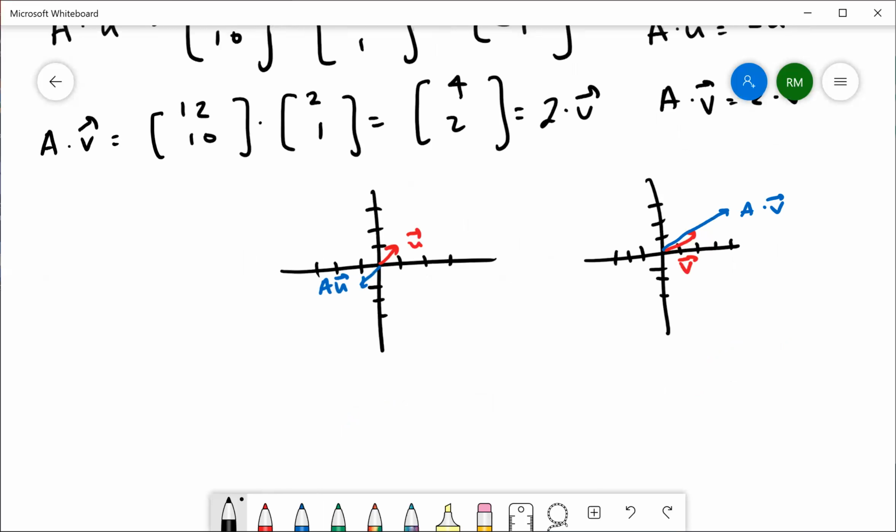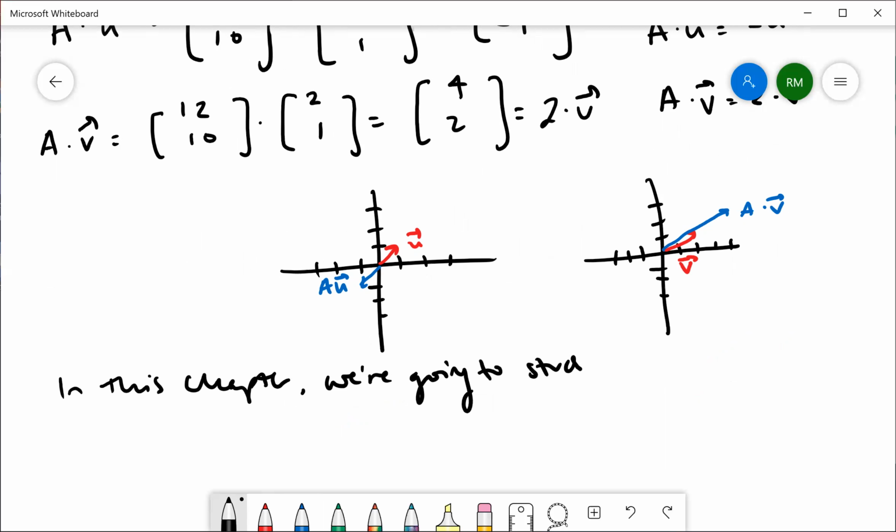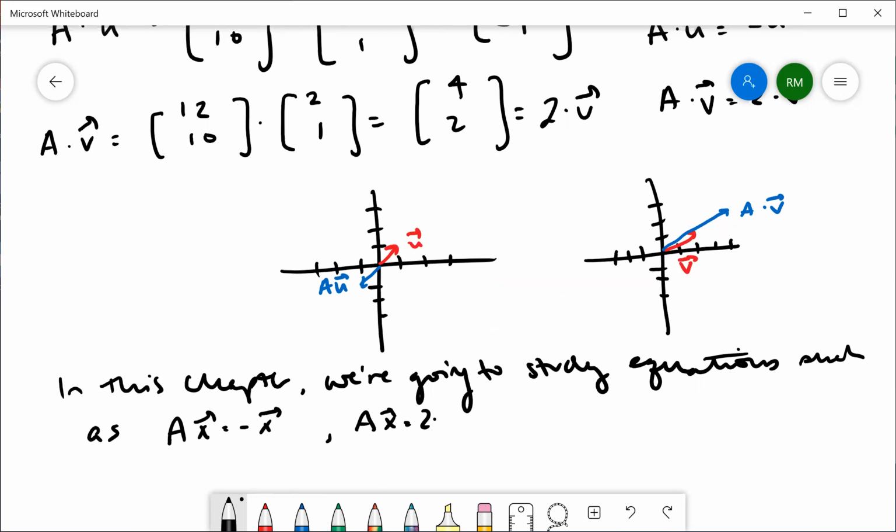So in this chapter, we're going to study equations such as A times a vector is negative that vector, A times a vector is 2 times that vector, and maybe it's 4 times that vector.